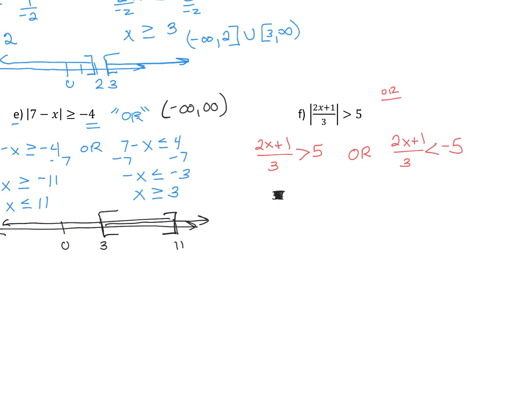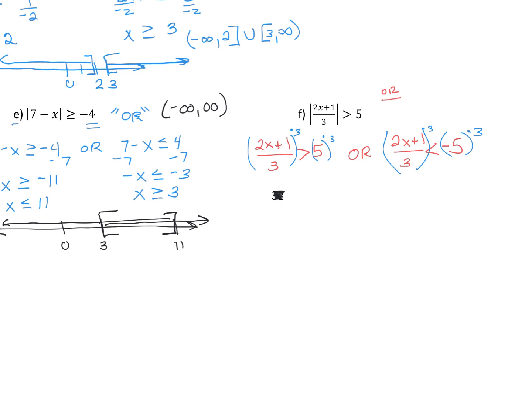I think that I will multiply by 3 on both sides to clear my fractions, and I'll do that for both of these. It's multiply by 3, not raised to the third, just can't squeeze it in there.